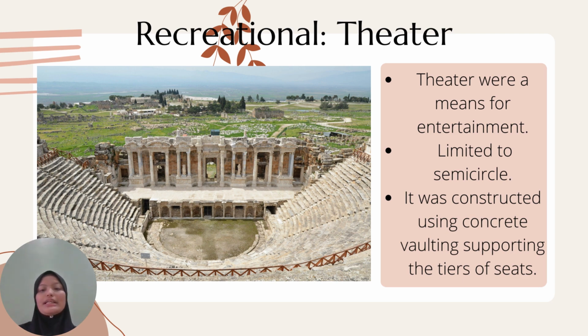Where an appropriate hillside was not available, the theatre was constructed using concrete vaulting supporting the tiers of seats. In the case of vaulted construction, a shelter for inclement weather was a bonus. Hence, theatres were constructed throughout the empire, providing opportunities for entertainment for citizens. Entertainment would not have been contemplated nor possible had it not been for the power of the empire.